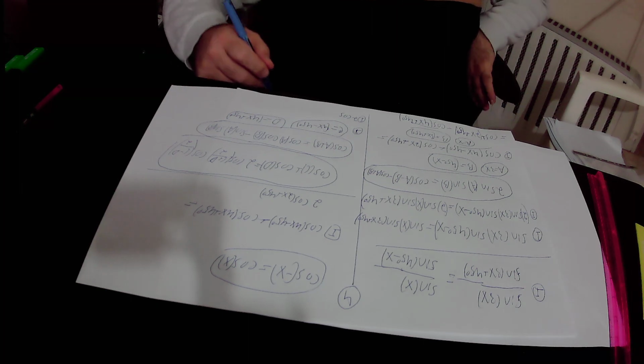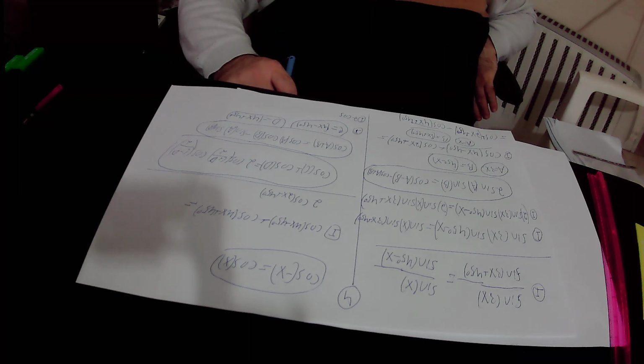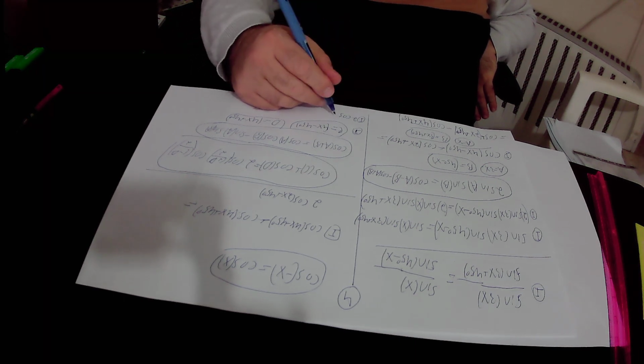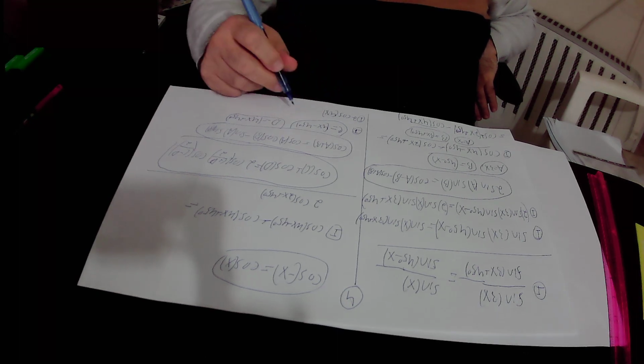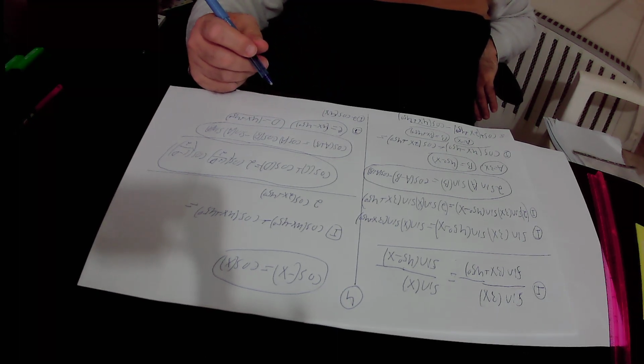C plus D over 2 is 4x plus 4x, which is 8x, and 8x over 2 is 4x. So it is 2 cosine 4x, and minus 45 degrees plus 45 degrees is 0.